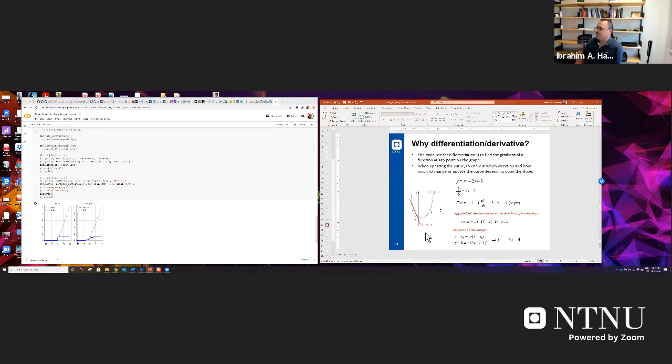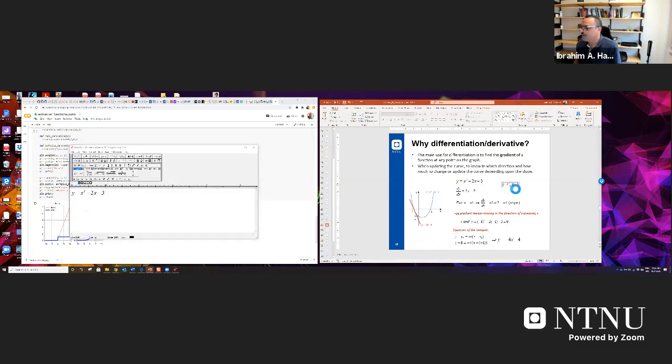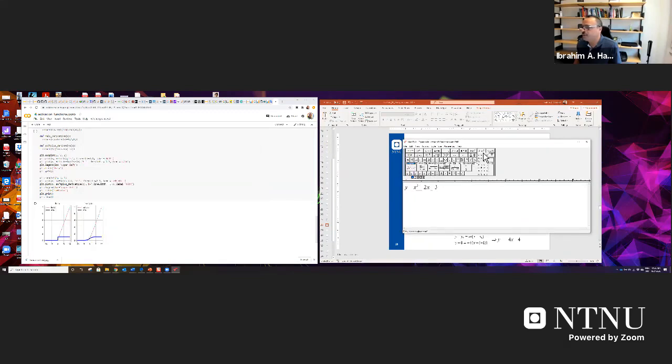So if I want to solve this problem, I need to find the delta x, correct?